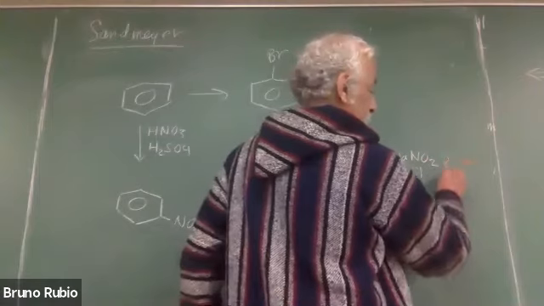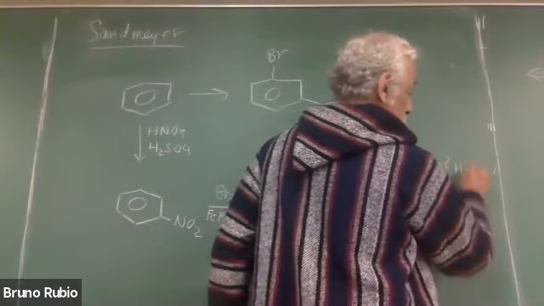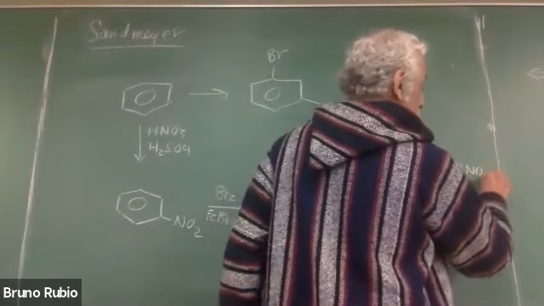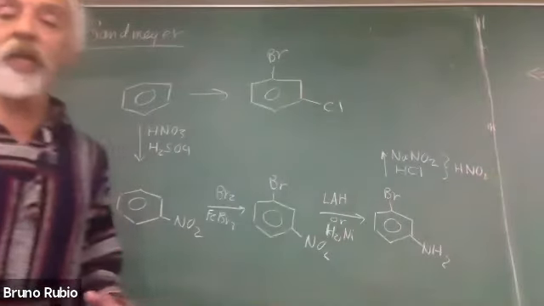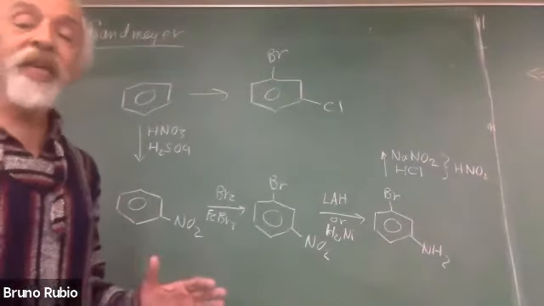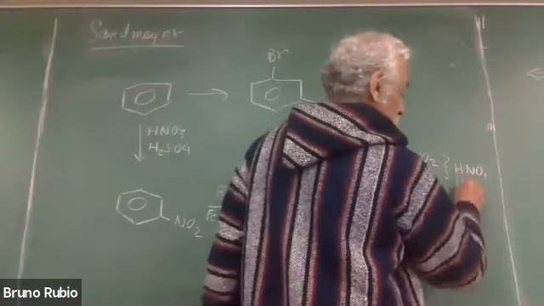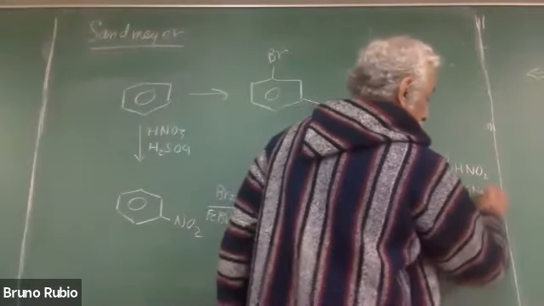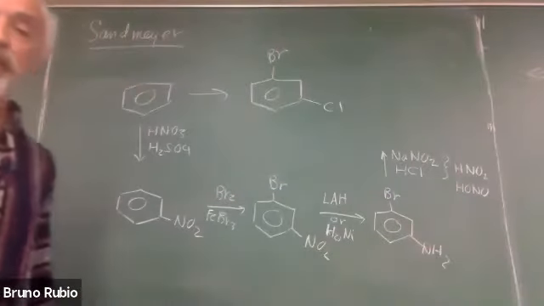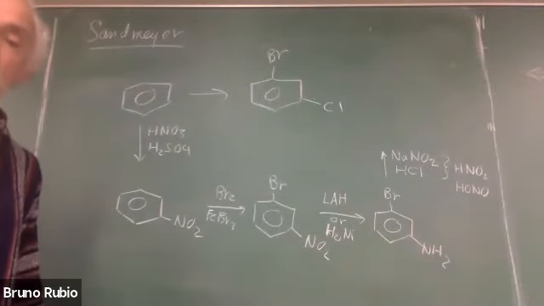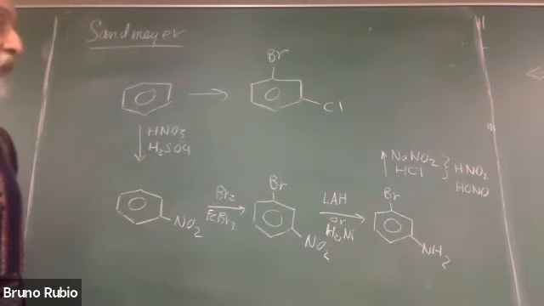These guys get together to make something called nitrous acid, which is HNO2, not HNO3. And a lot of times you see this written kind of like a condensed structure. It kind of looks like HONO, but it's actually nitrous acid.